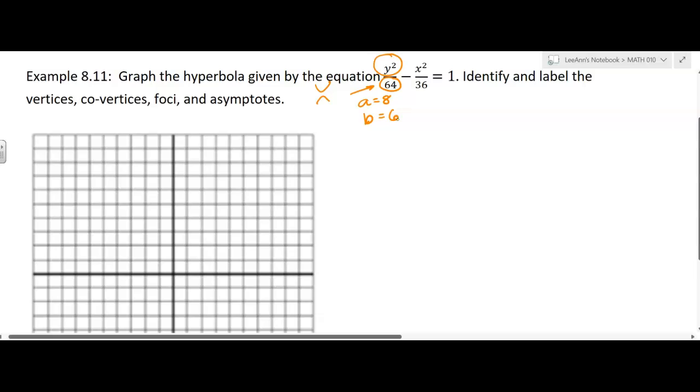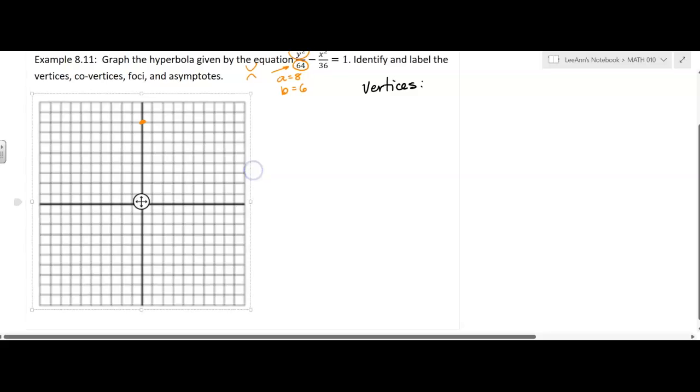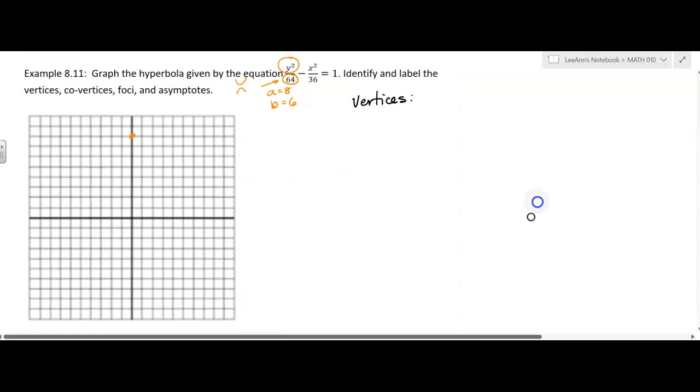So my vertices are going to be, I'm going to have one at 0, 8, so like up here. I think my graph paper is too big. Let me make it a little smaller so I can fit it on there.